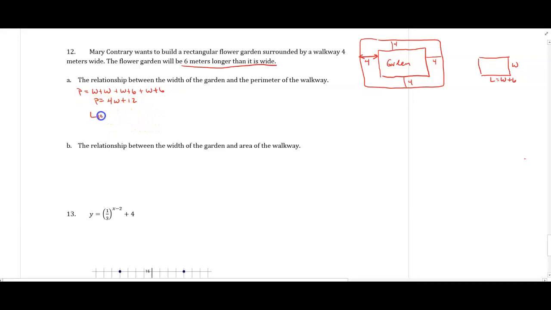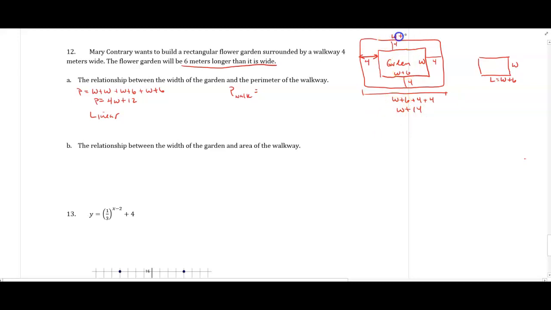Now, this is going to be linear. Now, the perimeter of the walkway. Remember here, if this is going to be W plus 6, this is W. This is going to be the width of the garden plus 6 plus, I got to add 4 here, and I got to add 4 here, which gives me W plus 14.